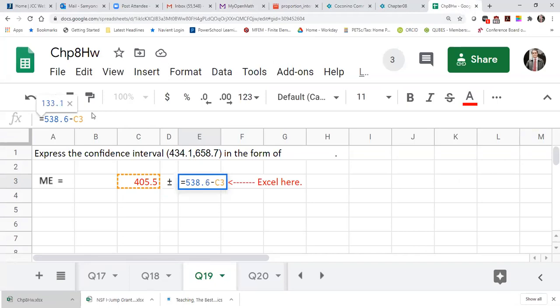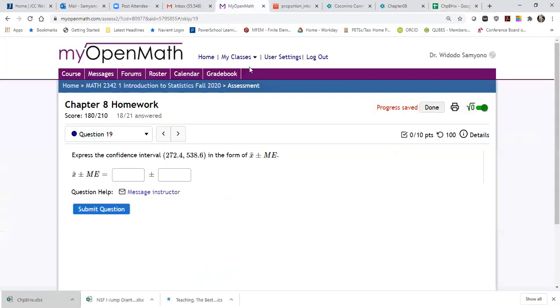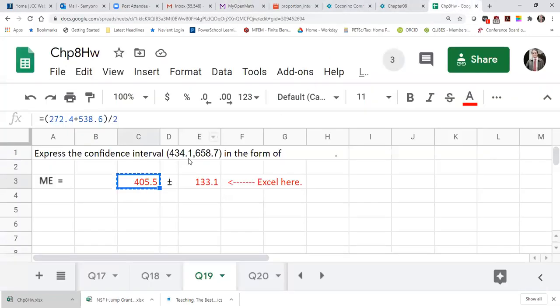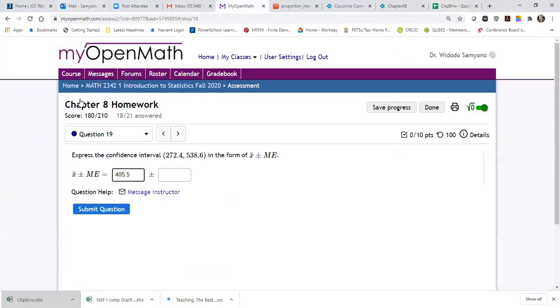Which is C3, so you got this number here. Okay. So copy this, put it here, and copy this, put it here, and then submit it, right?